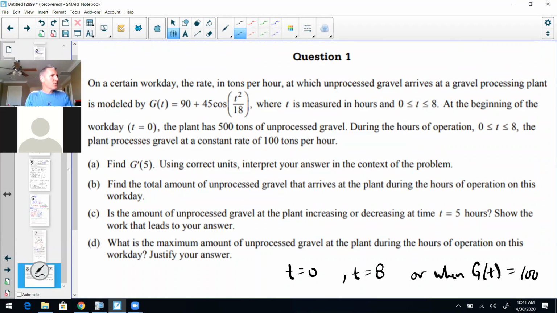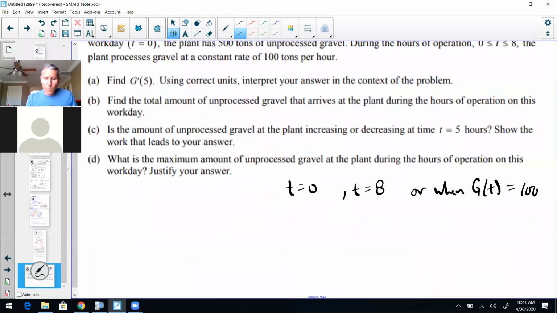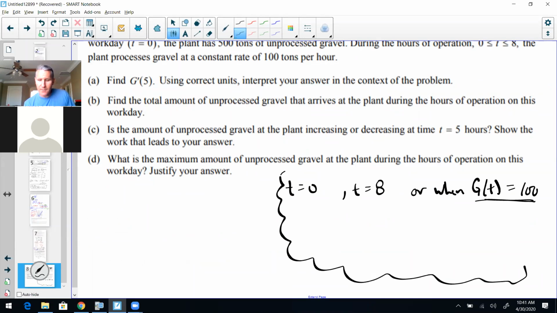So that's what we have for this problem. What I would first do is figure out what this is to get other t values from there.